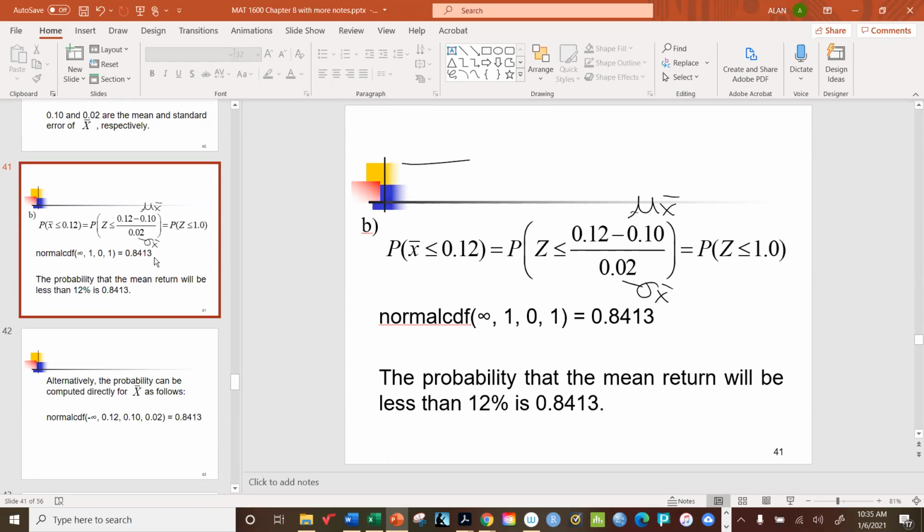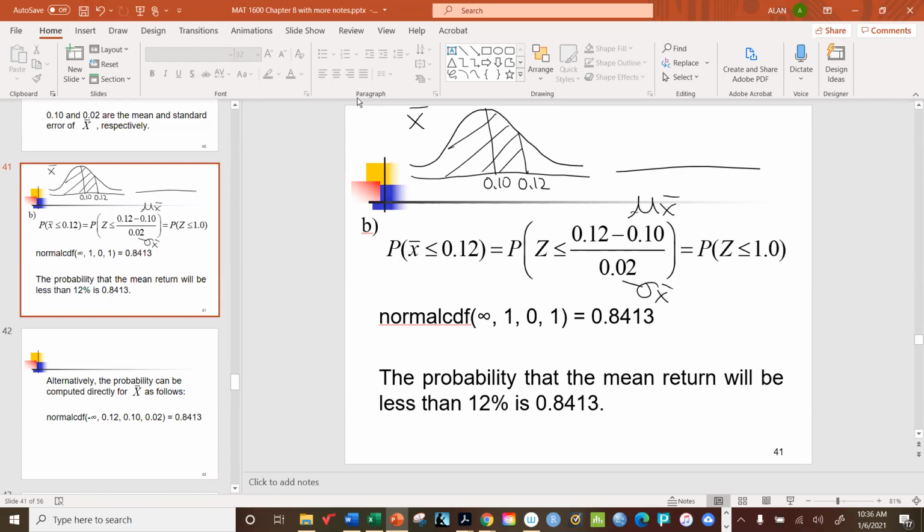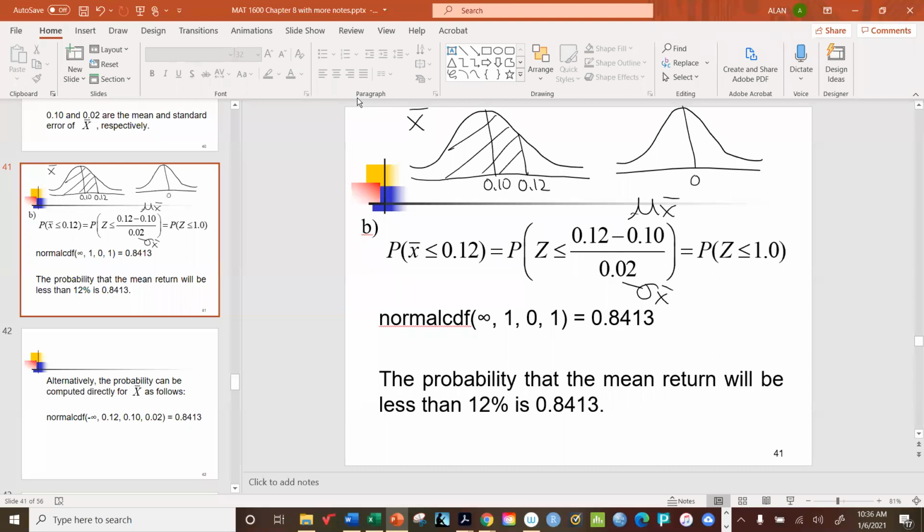So in other words, what this is saying, that's for X bar. And for Z, we have 1 standard deviation above the mean. So they both, of course, represent the same thing.